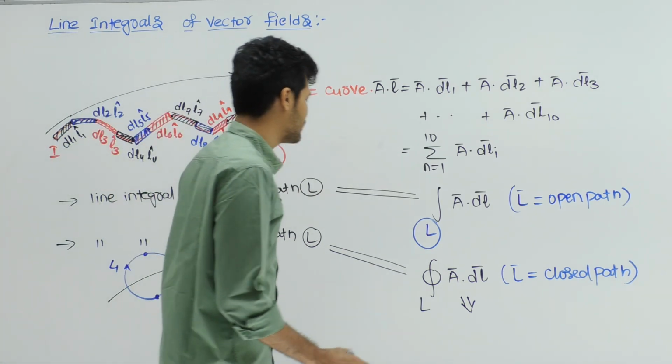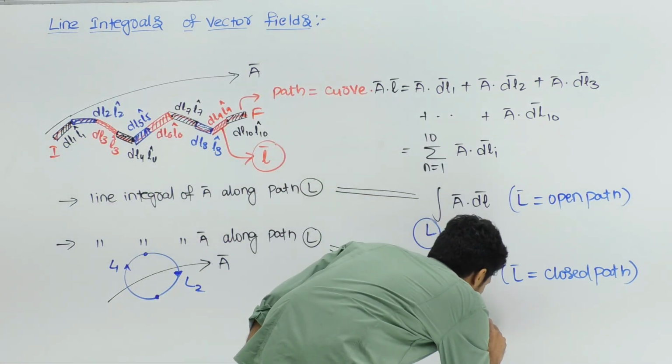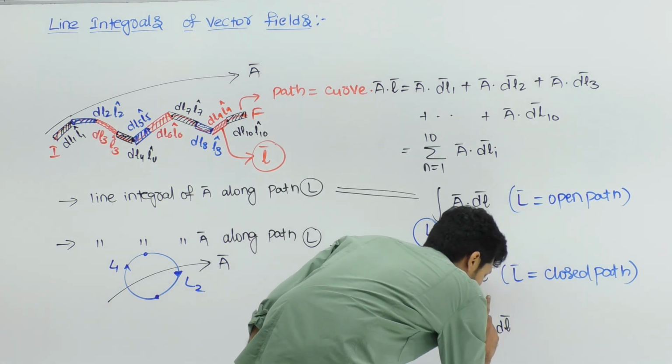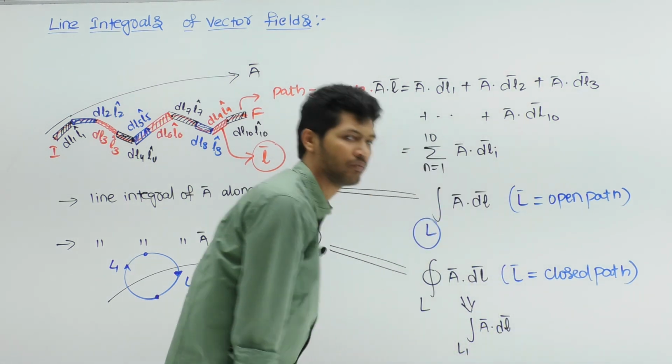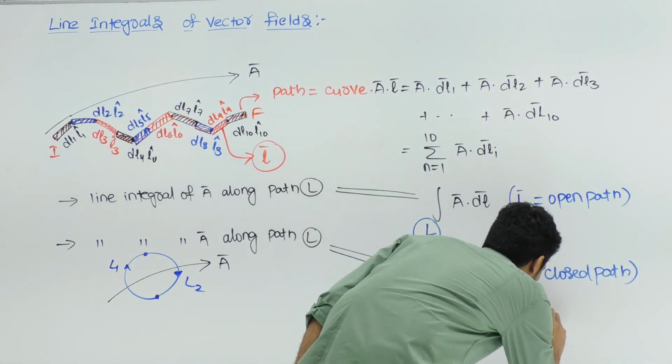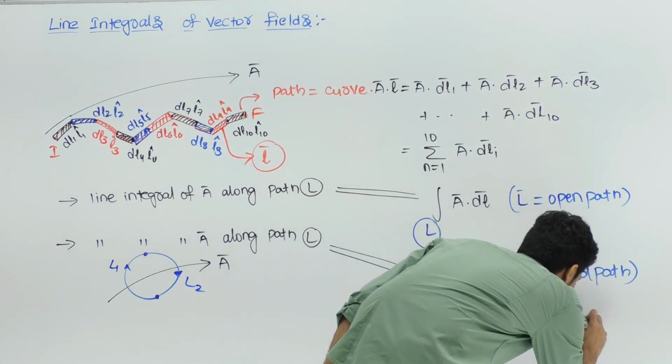We can write this as the integral of A bar dot dl bar along the path L1 plus the integral of A bar dot dl bar along the path L2.